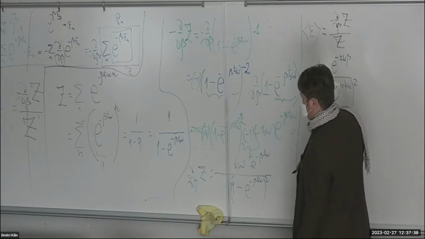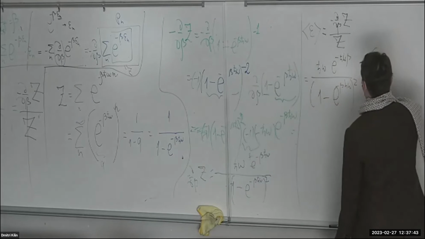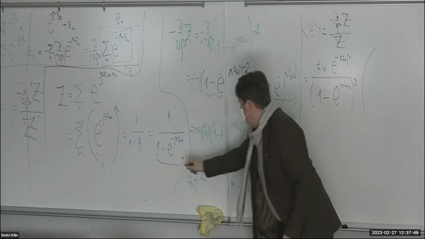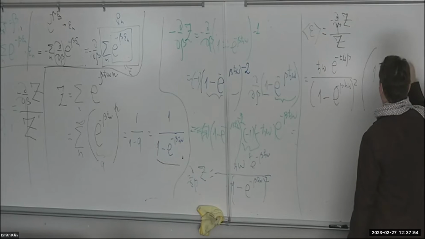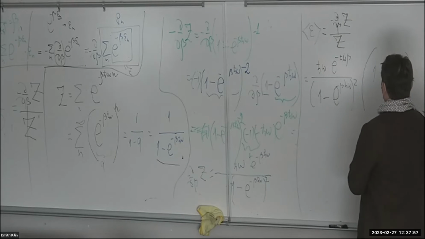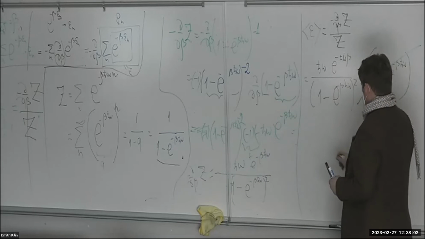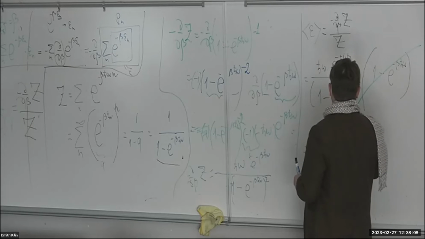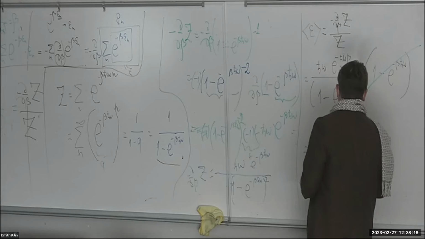And then we need to divide by the denominator here, which means we just multiply by this stuff. You're following? 1 minus e to the minus beta h bar omega. Then we can cancel this one and power 2. So h bar omega e to the minus beta h bar omega divided by 1 minus e to the minus beta h bar omega.